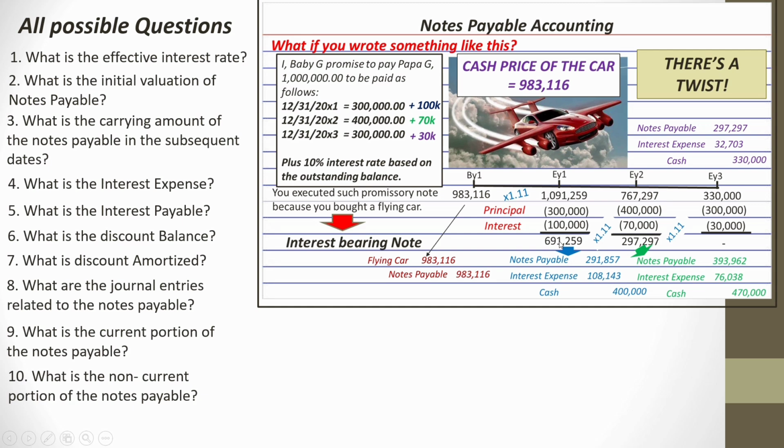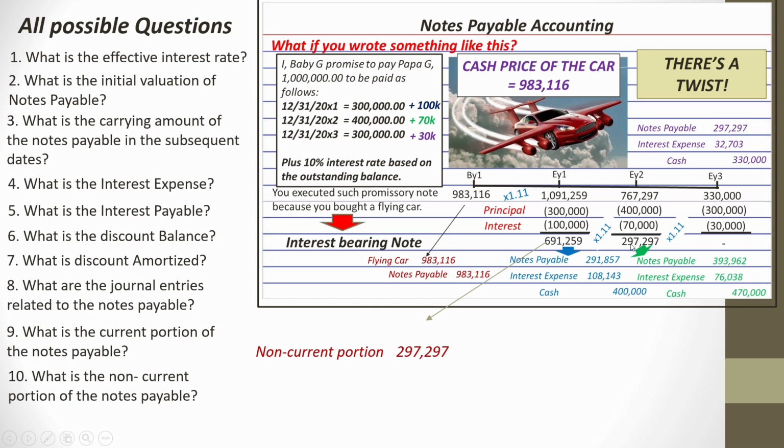Now, focus on the balance after 1 year. So if we go forward for 1 year, we will have this one, 297,297. That will automatically be the non-current portion because even after 1 year has passed, this balance has not been settled, which is the logic for being a non-current liability, right?